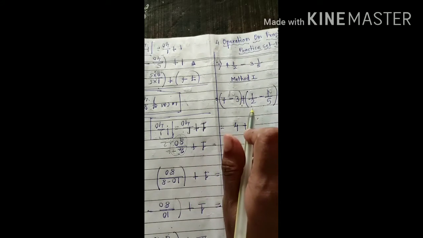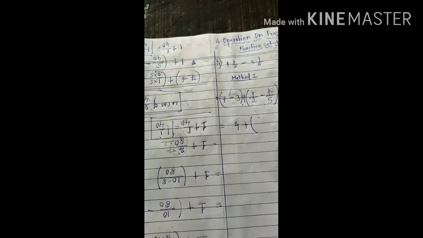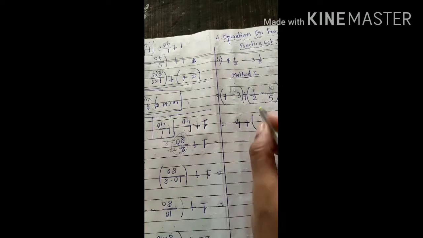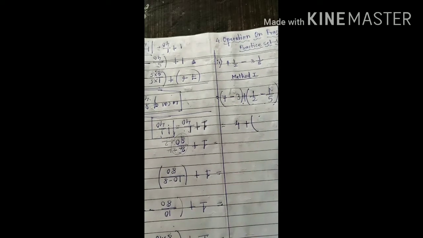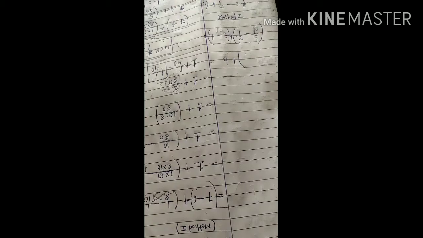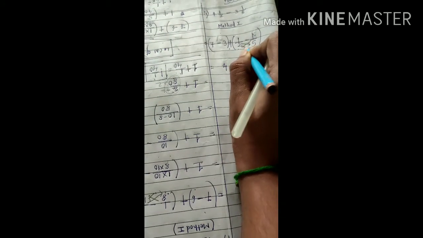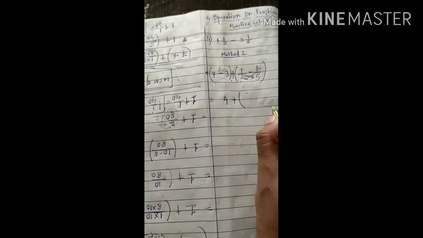So what do you have to do to equalize this denominator? You can say cross multiplication, 2 by 5 or 5 by 2. Here you take the LCM.